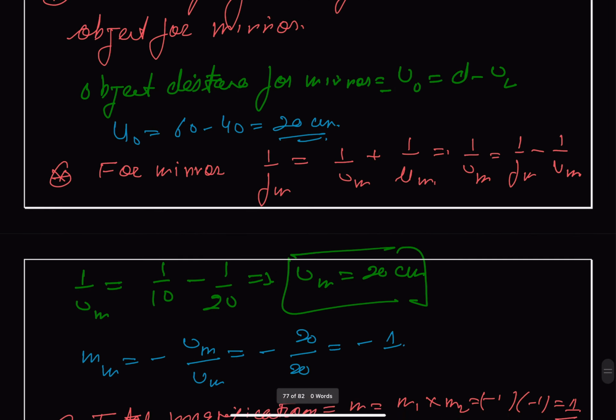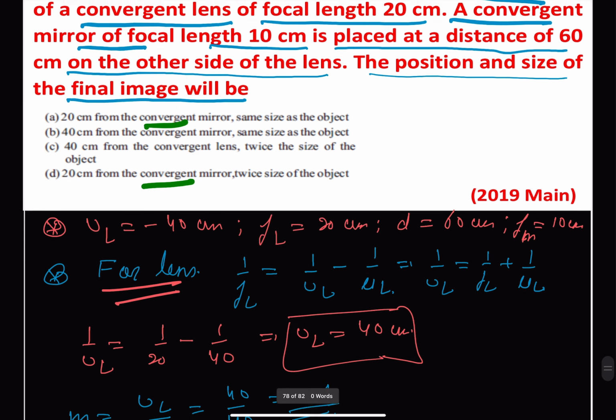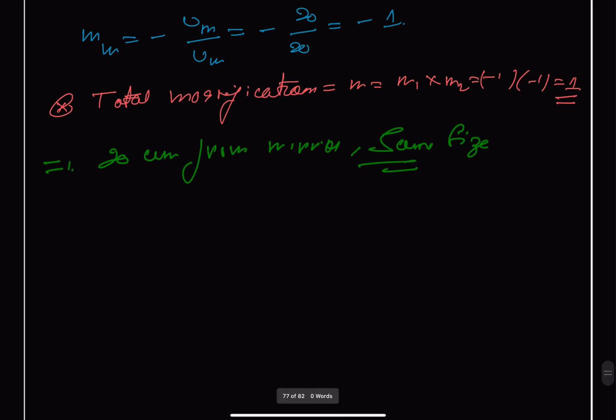Everything is with respect to the convergent mirror. So it will be 20 centimeter from the mirror, same size. So option A is the correct option.